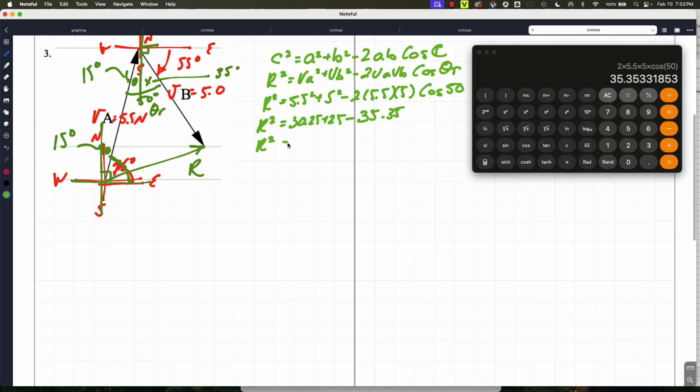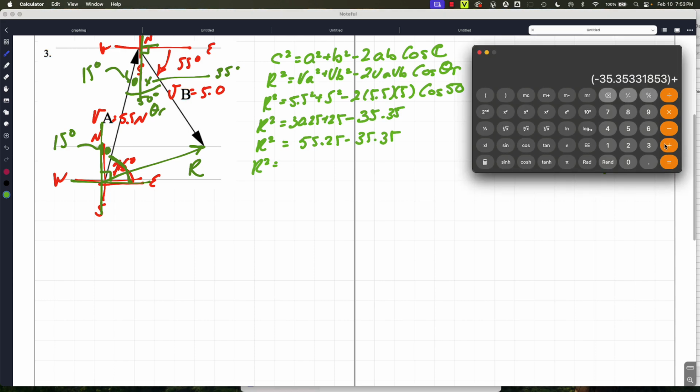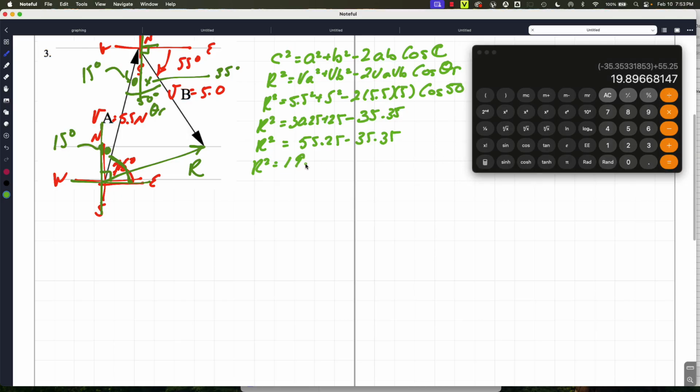R squared is 55.25 minus 35.35. We'll just change this to a negative and add 55.25, and we have 19.90.